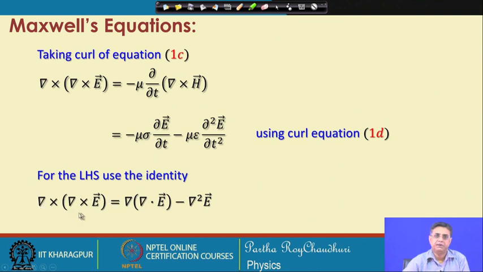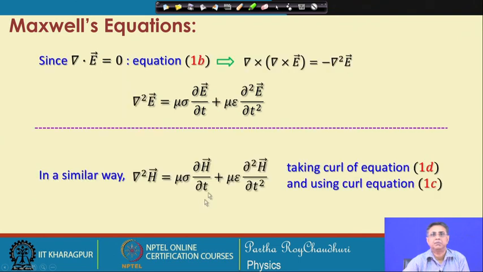So, this identity becomes minus del square E, the Laplacian of the electric field vector. Arranging both sides, we can write this equation: del square E equal to this quantity and the second order time derivative of the electric field.